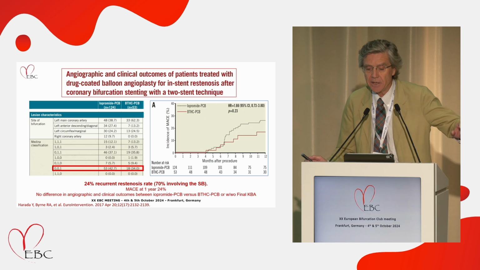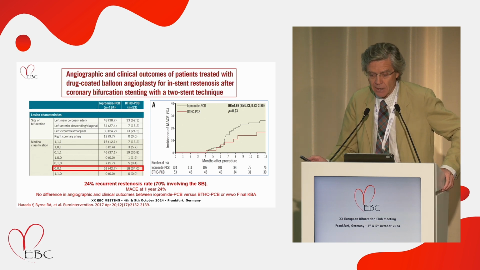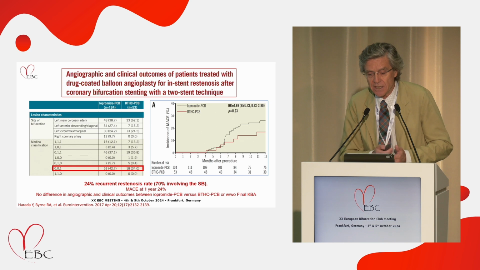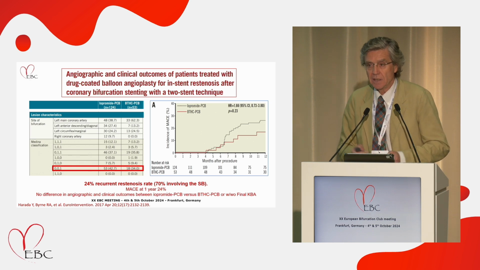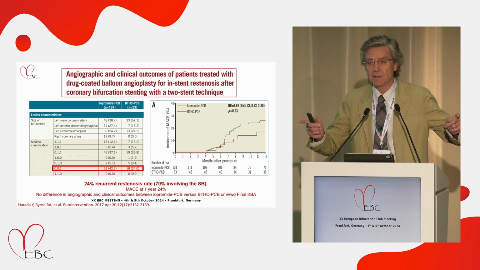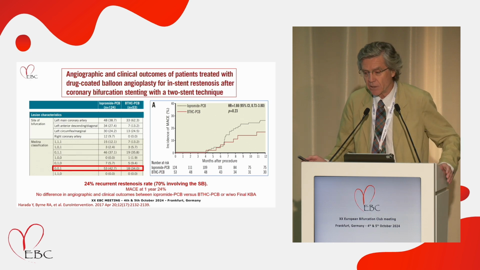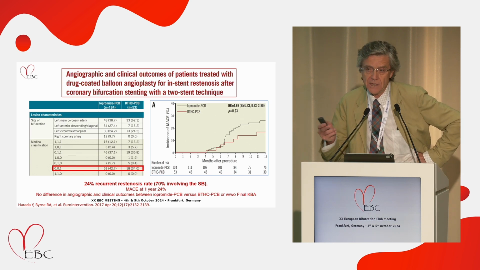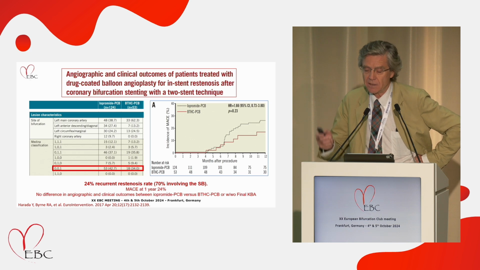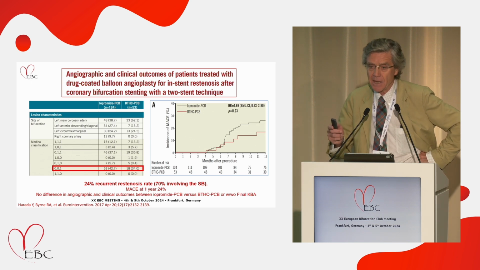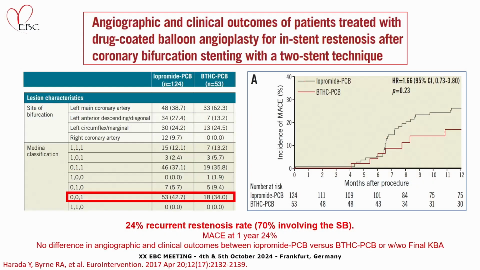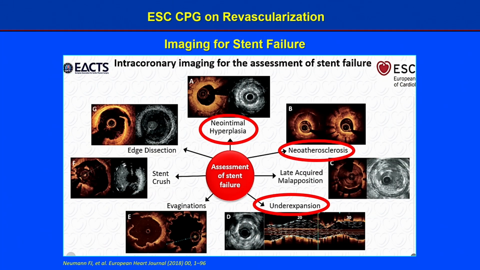And again here, a small number, but perhaps larger, up to 40%, were 001 bifurcations. This study compared two DCBs, and eventually the results suggest that the two DCBs were similar to address these challenging patients. But during follow-up, one out of four of these patients suffered recurrent in-stent restenosis, and this mainly involved the side branch, emphasizing the importance of obtaining a nice result.